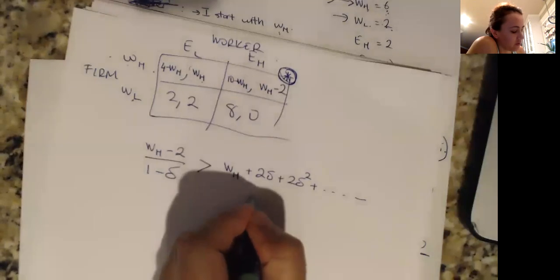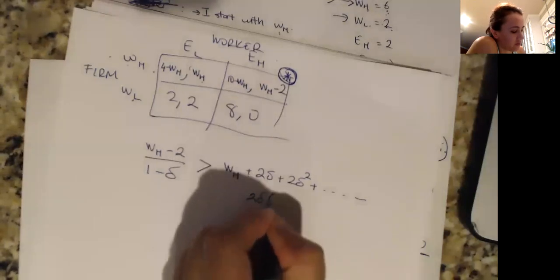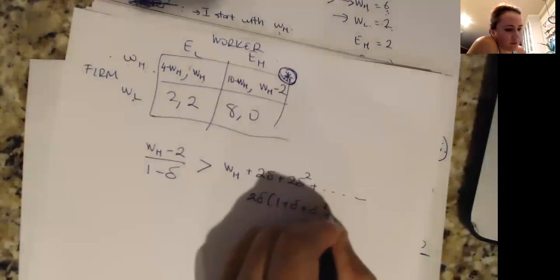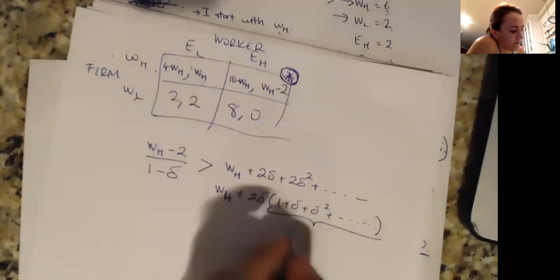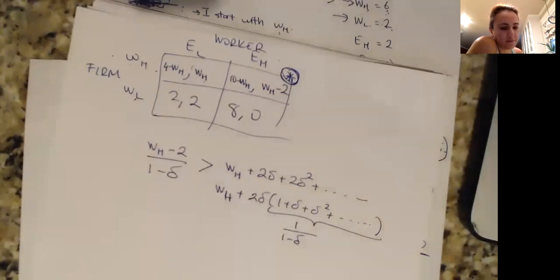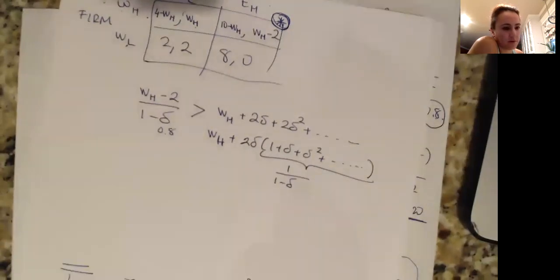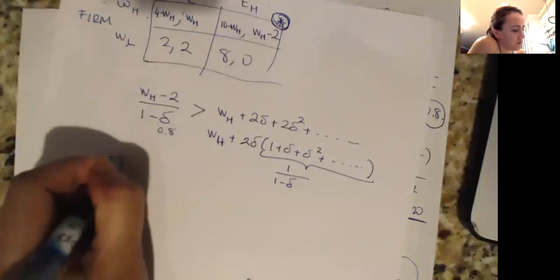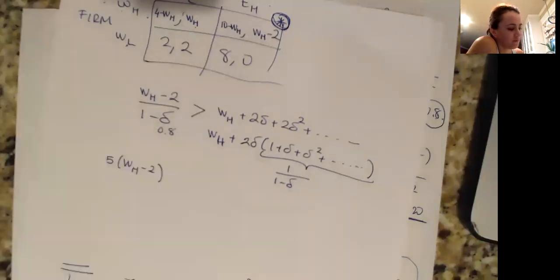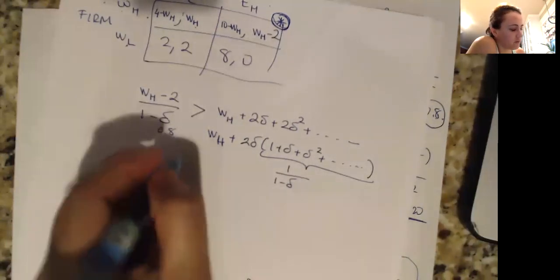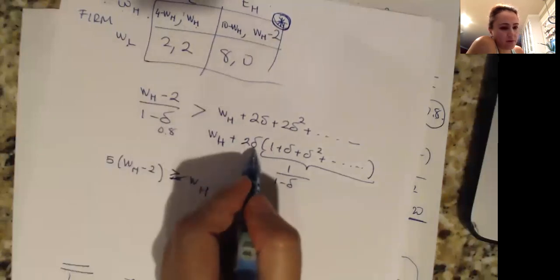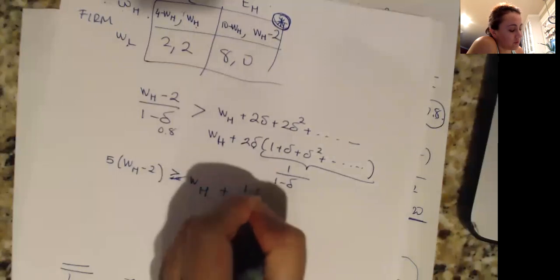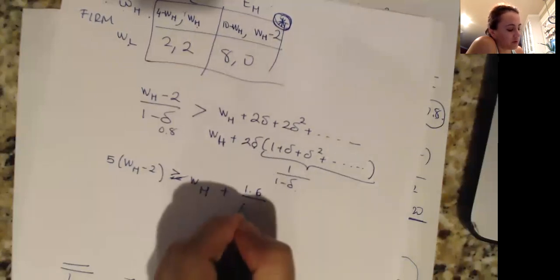Okay, so this was 1 minus delta. Delta is 0.8. So 5 times WH minus 2, greater or equal, or greater, it doesn't matter, WH plus 2 delta, 1.6, divided by 0.2.